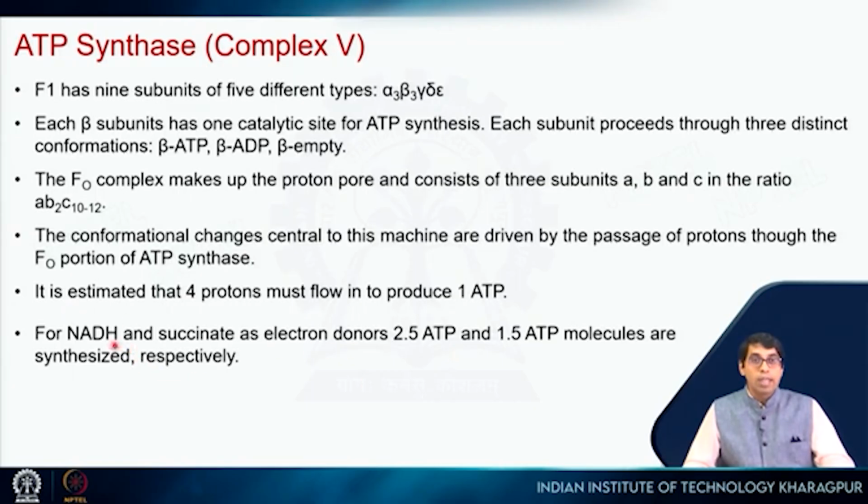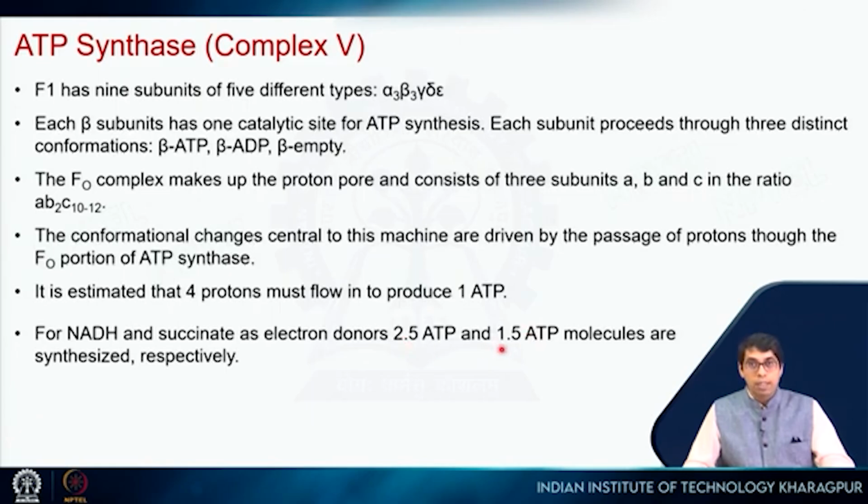So, oxidation of NADH to NAD+ will result in the synthesis of 2.5 ATP molecules. For succinate, when it goes from succinate to fumarate, 6 protons flow out, right. Now, 4 protons flow in to form 1 ATP. So, 6 by 4 is 1.5. So, oxidation of 1 succinate molecule will result in the formation of 1.5 molecules of ATP, right.